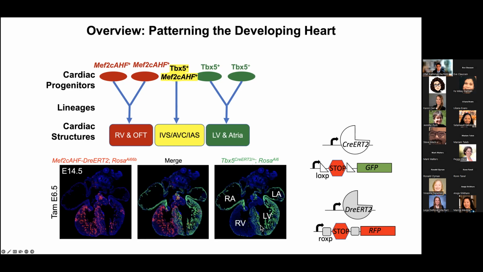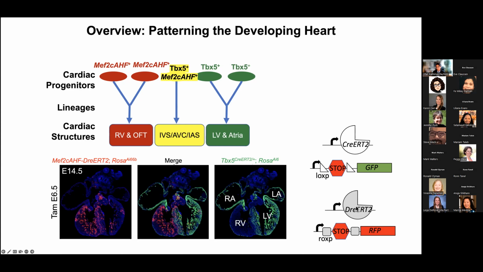Then there is a converse lineage, on the right side, which here is marked by an enhancer of a transcription factor, MEF2C. The enhancer is called the anterior heart field, just for those that are interested in the details. And this drives a different recombinase, called a DRE recombinase. Again, this is fused to the modified estrogen receptor.